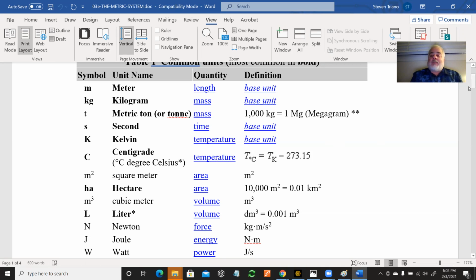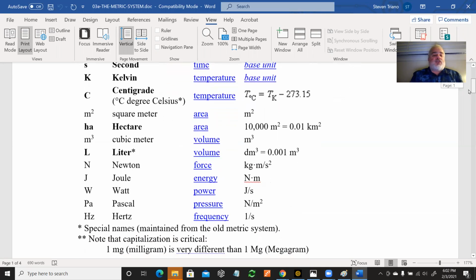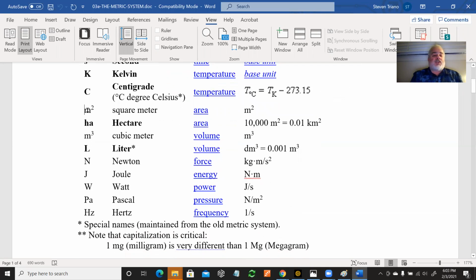You can go either way. And the ones that aren't in bold are the ones that we don't use too much. The only times I've run across square meters is in non-US office space. Say you're trying to rent an office space or warehouse in Canada or Mexico, they'll talk about square meters of footage, of area, excuse me.